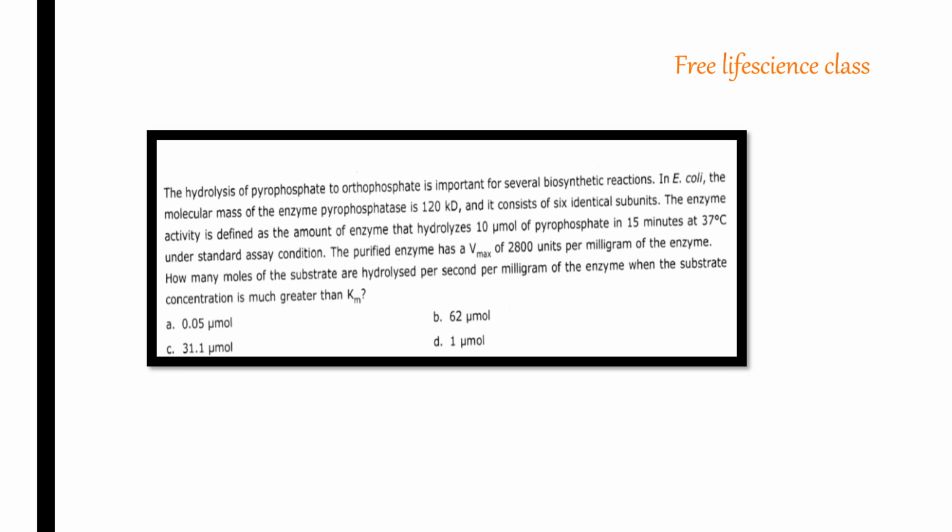The enzyme activity is defined as the amount of enzyme that hydrolyzes 10 mu mole of pyrophosphate in 15 minutes at 37 degrees Celsius under standard assay conditions. The purified enzyme has a Vmax of 2800 units per milligram of the enzyme. How many moles of substrate are hydrolyzed per second per milligram of the enzyme when the substrate concentration is much greater than Km?